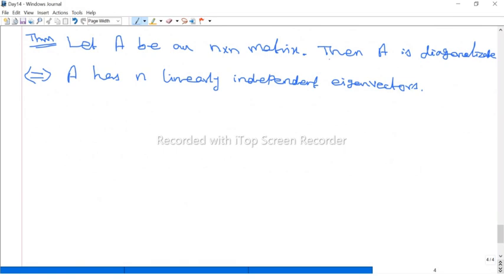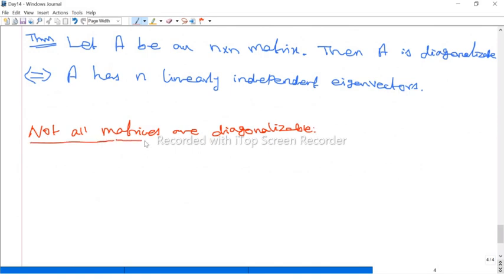The example shows not all matrices are diagonalizable; there are some matrices which are not. If you take any non-zero nilpotent matrix, it is never diagonalizable. A nilpotent matrix is diagonalizable only when that matrix is the zero matrix.